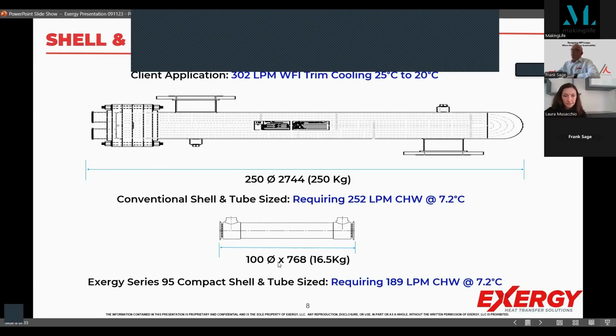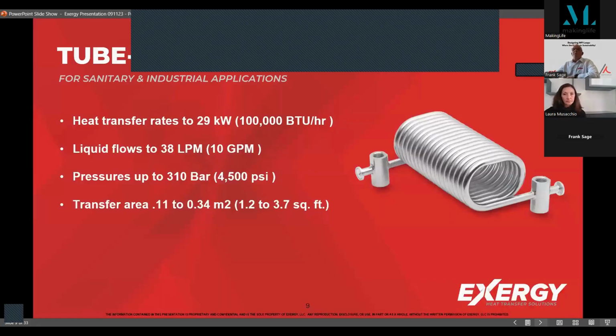Our heat exchanger, to do the very same job, and this is to scale, would be about 16 kilograms, 100 millimeters by 0.7 meters. I hope that answers your question. We're more than happy to have a more detailed discussion, but I do hope that that helps to answer that question.